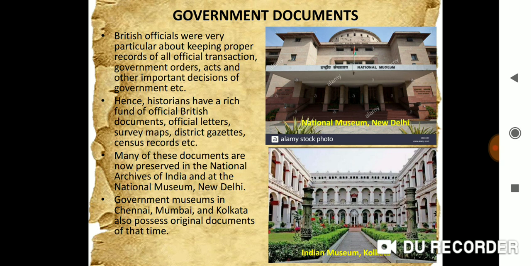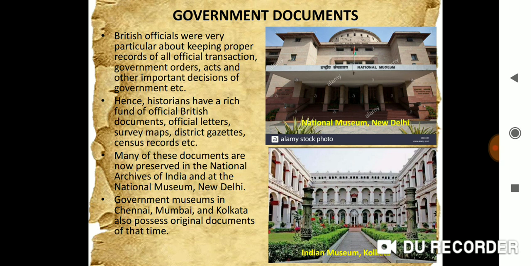Those things are usually kept in museums. But records, acts, official documents are basically kept in the archives. In India, one central archive is there, called the National Archives of India, and every state maintains its own state archives. Archives are our brain.